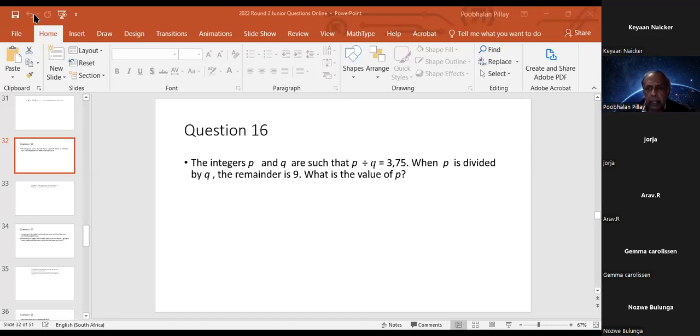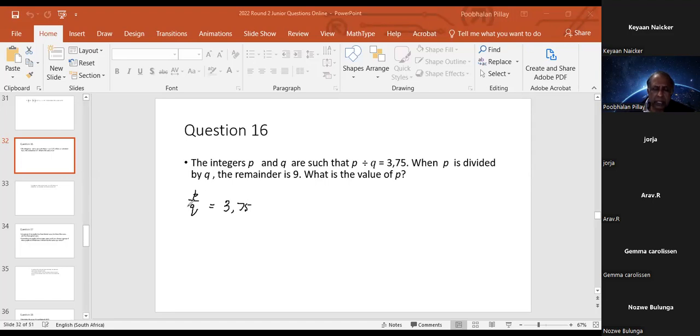Okay, the integers P and Q are such that P divided by Q, I'm going to put it down like this, P divided by Q is equal to 3.75.